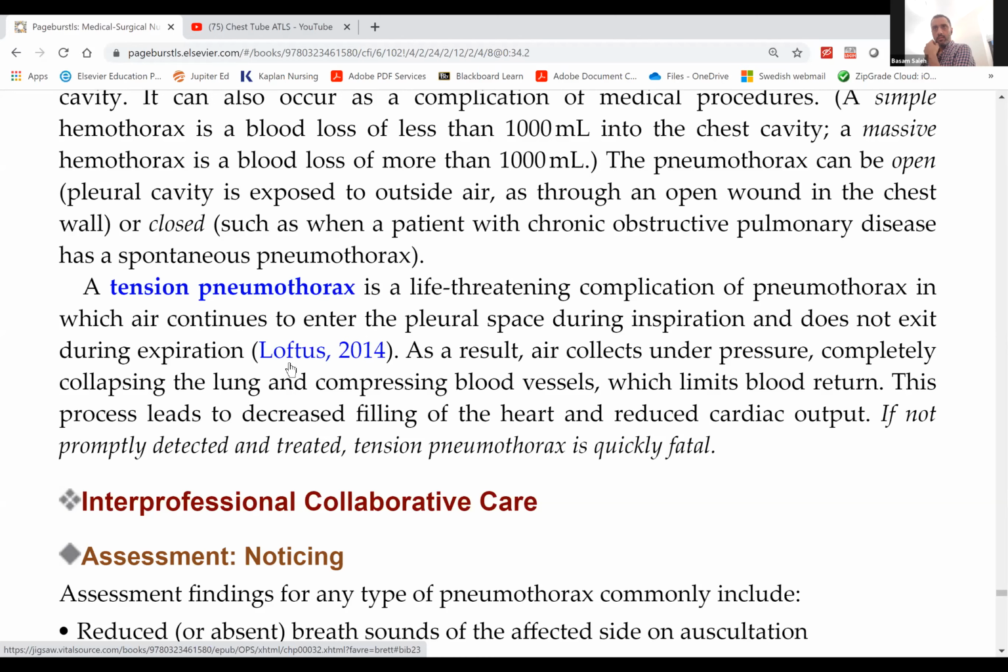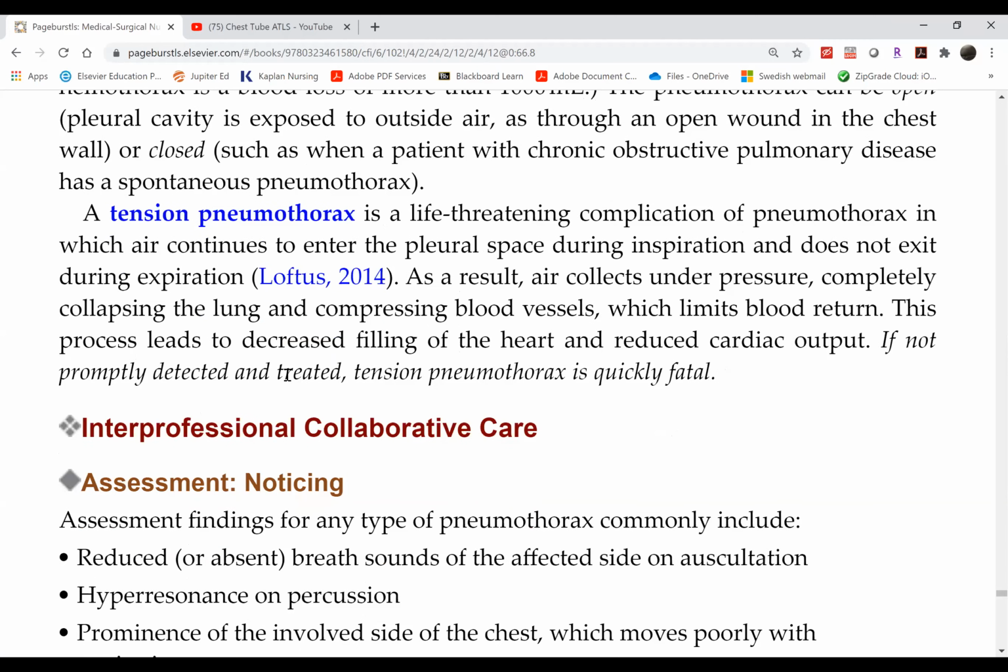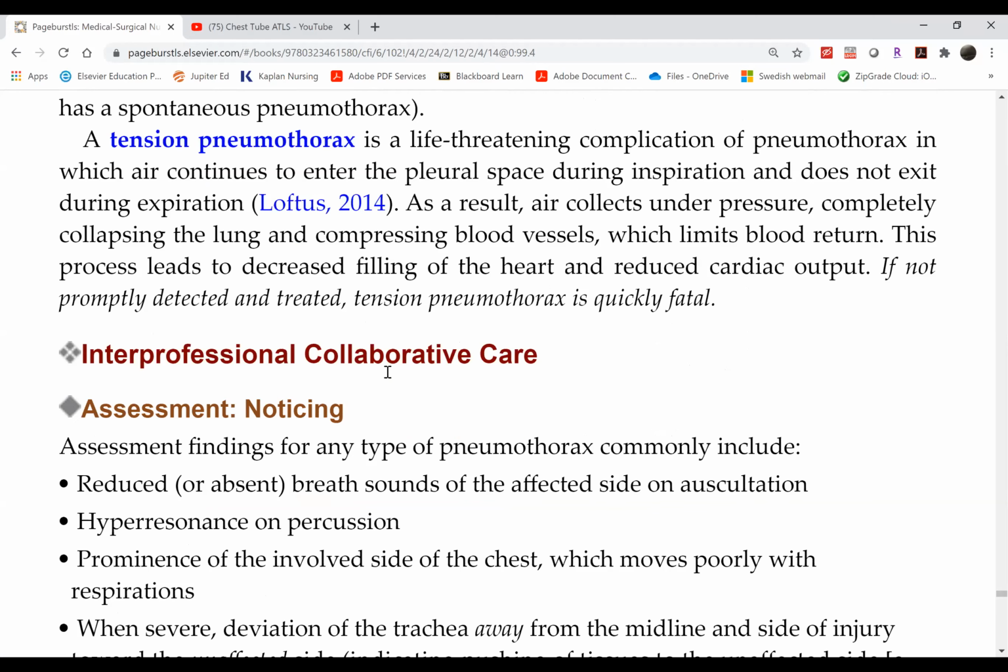However, if it's a tension pneumothorax, meaning the onset is either so fast or you have a really big hole out of the lung. Or it doesn't have to come from the lung. It could be, let's say, a stab wound. Perfect example is an ice pick, for instance.